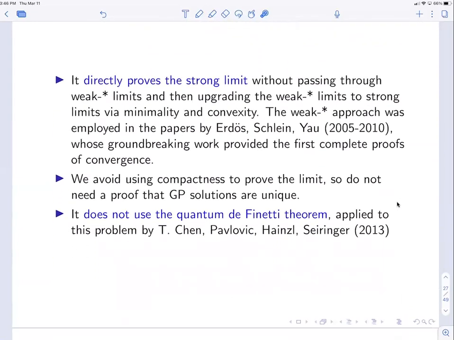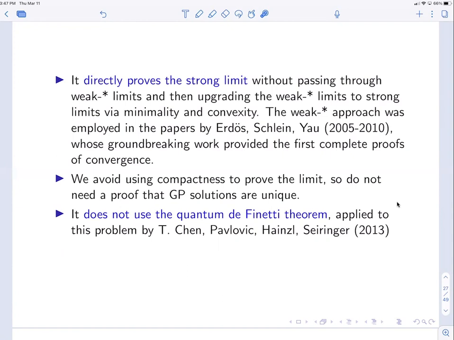So our result also directly proves the strong limit without passing through weak star limits and then upgrading the weak star limits to strong limits via minimality and convexity. All right, so the weak star approach was employed in the first papers on the subject. Erdős, Schlein, and Yau in 2005 to 2010 wrote a series of papers, the groundbreaking work, doing this BBGKY to GP convergence, first complete proofs, but without estimates on the rate. And the convergence they proved with compactness arguments and weak star limiting procedure.